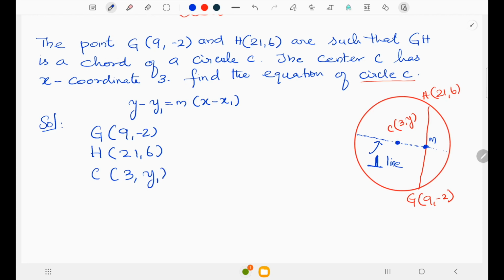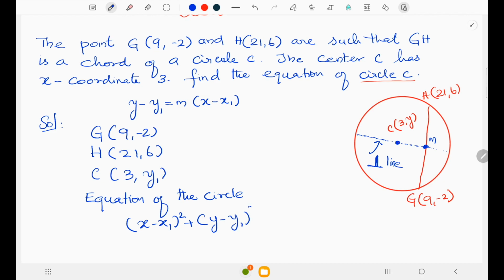We need to find the equation of the circle. What is the equation of the circle? The equation of circle is (x minus x1) whole square plus (y minus y1) whole square equals r square. It is the equation of the circle.